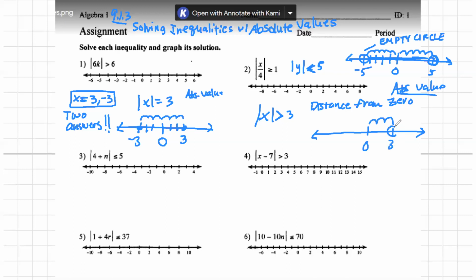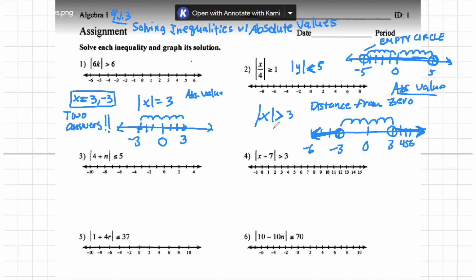If it's bigger than 3, I'm going to shade away from the 0, because these numbers are 4, 5, 6 units away, with more distance from 0. And then I also go 3 the other way, 1, 2, 3 to -3. I put an open circle and shade away from the 0, because -4, -5, -6 all have distances bigger than 3.